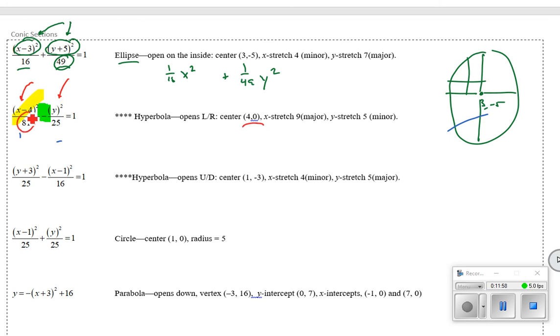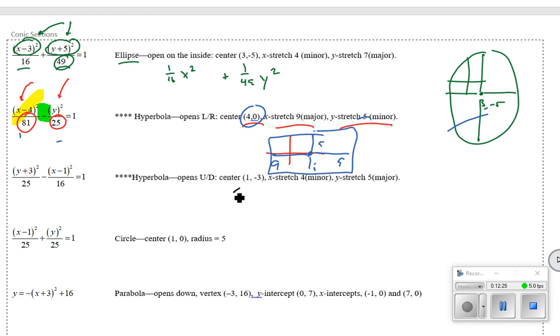It stretches 9 in the x direction, 5 in the y direction. But it's a hyperbola. So that just gives me an outline that I'm going to draw the hyperbola from. The center at 4, 0, I'm going to go 9 in the x direction, 5 in the y direction. I'm going to make a box out of that.